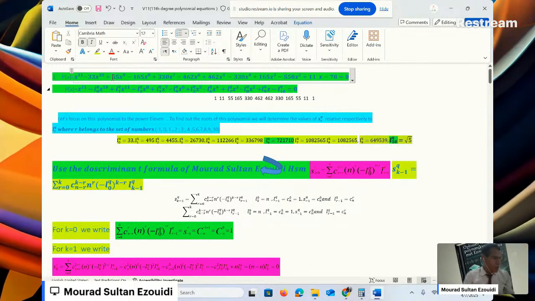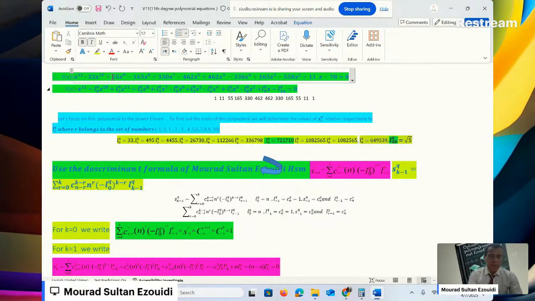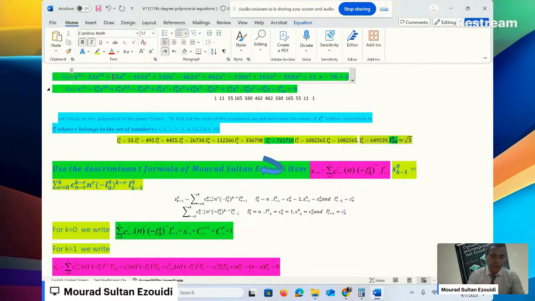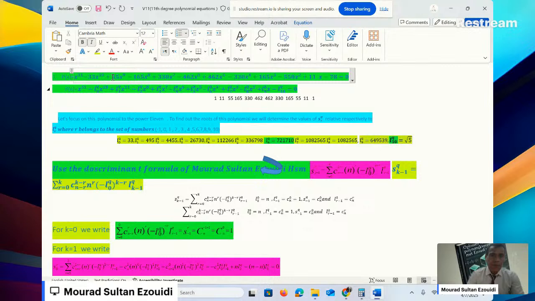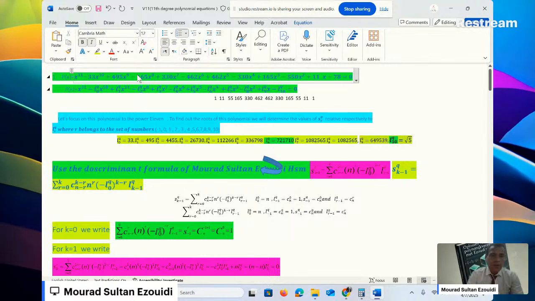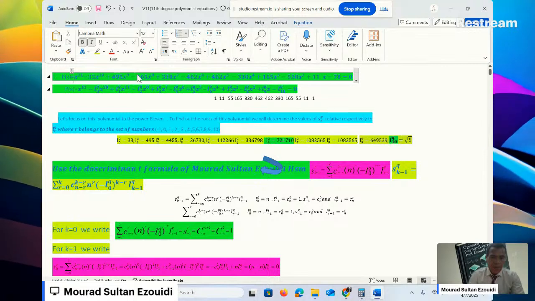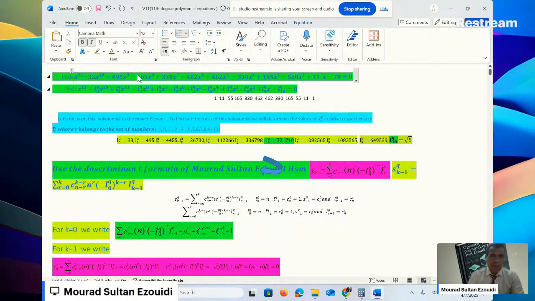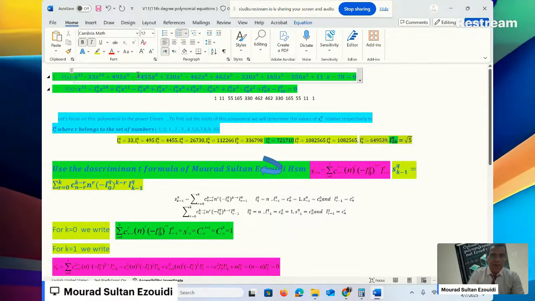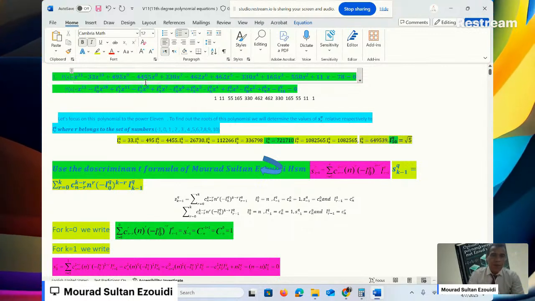Now this is 195. This is 4455. Provide the coefficient of the individual terms: 1, 2, 3.